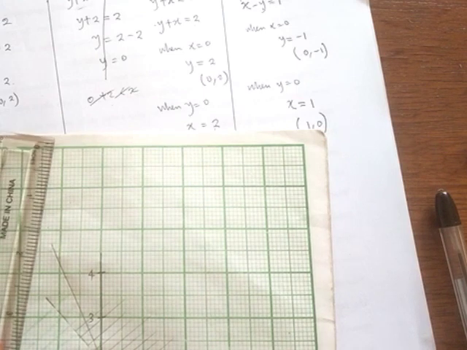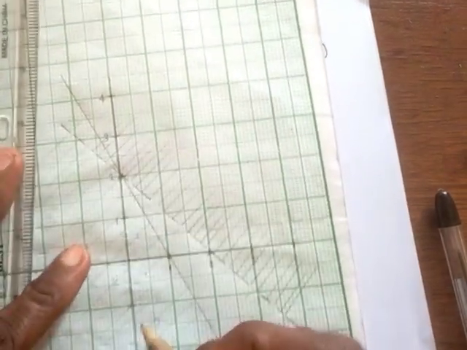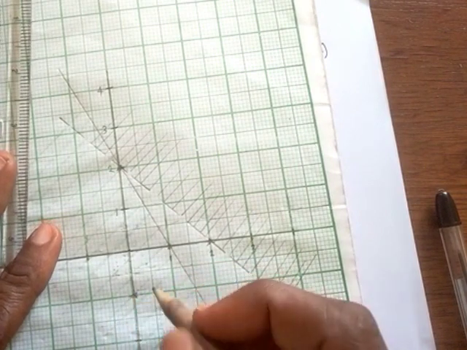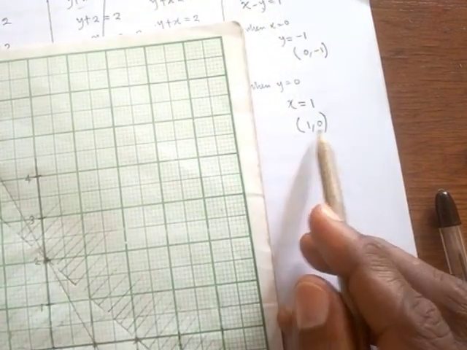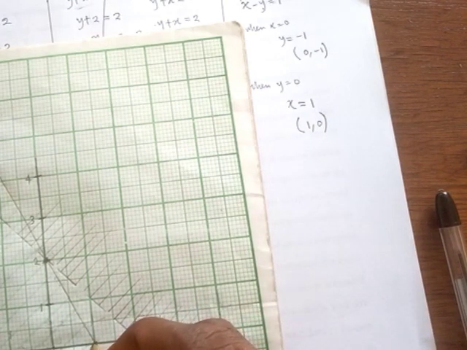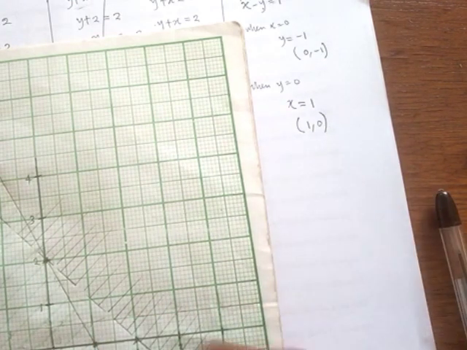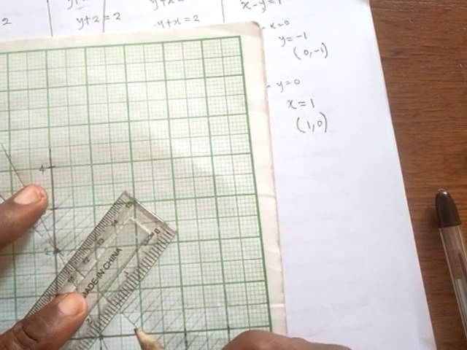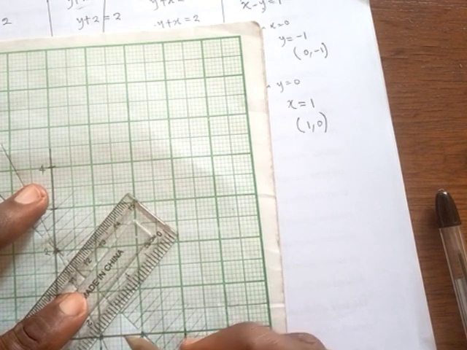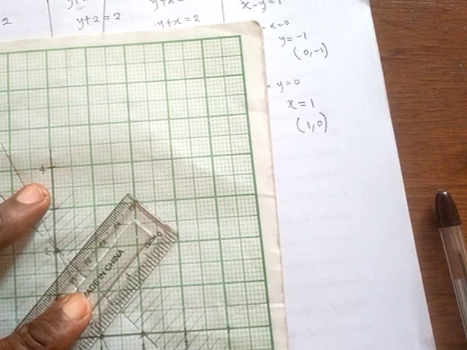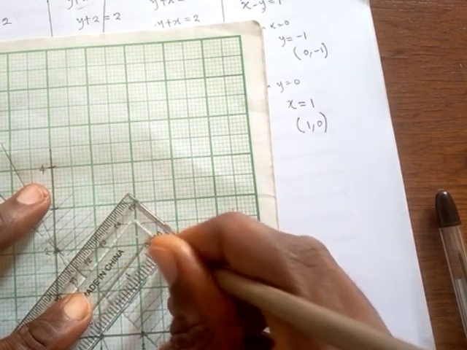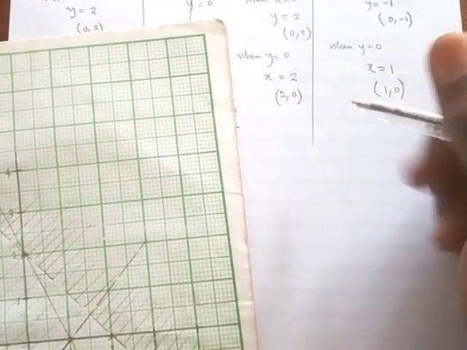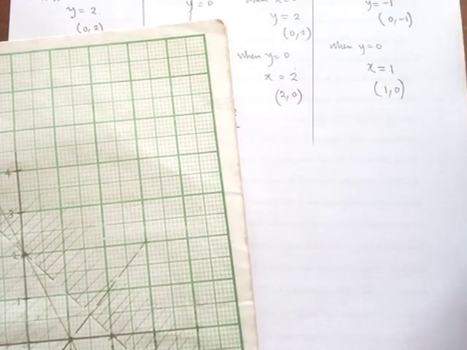0, minus 1 is this point here. Then 1, 0, so this is the second point. So we're going to draw another broken line through these 2 points. So let's conduct the test by making x 0 and y 0.